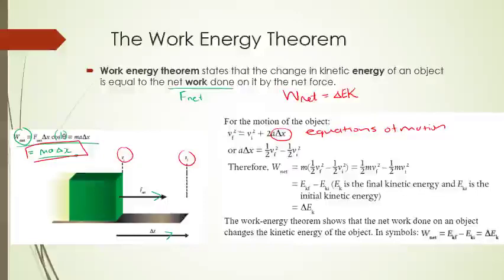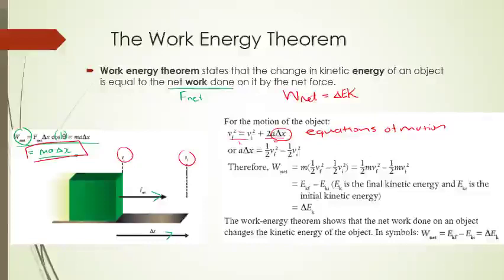Now I've got 2a delta x. I'm going to divide all of it by 2, which means you end up getting a half v squared final minus a half v squared initial.